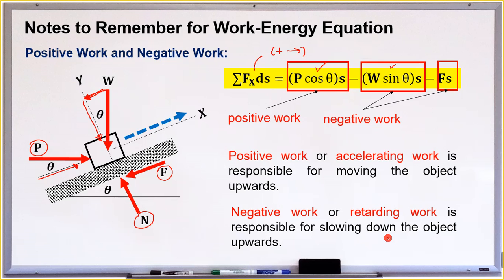If it is positive, it helps the object move in the direction it is heading, whereas the negative work, or retarding work, is responsible for slowing down the object. Positive helps, but a negative sign means it retards the motion of an object.